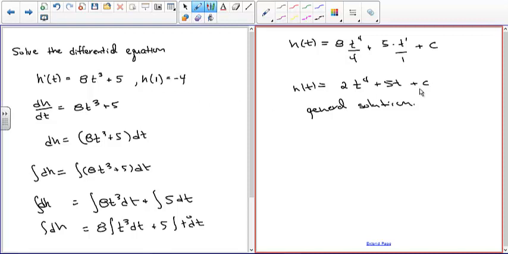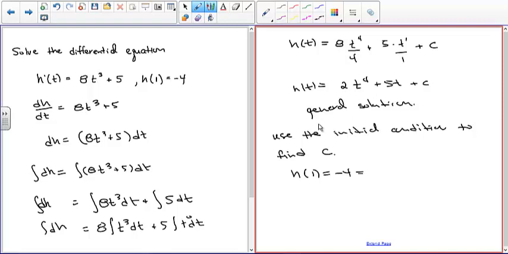To figure out what the arbitrary constant is, we use the initial conditions to find the arbitrary constant. In this case, we're evaluating at t equals 1, so h of 1 is going to be -4, and to actually get h of 1, we plug 1 into the general solution.